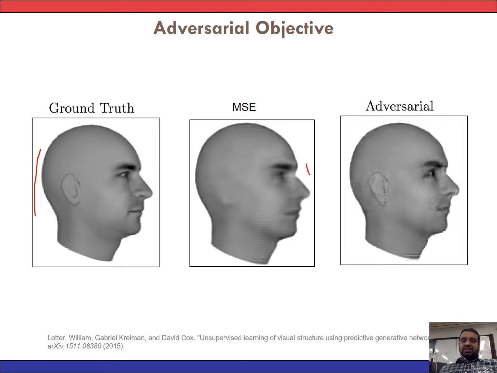Here we can see that the generated image is blurry, but if we use the adversarial loss, we can see a sharper image as compared to the MSE objective. So adversarial loss has its own importance. It generates realistic and very sharp images.